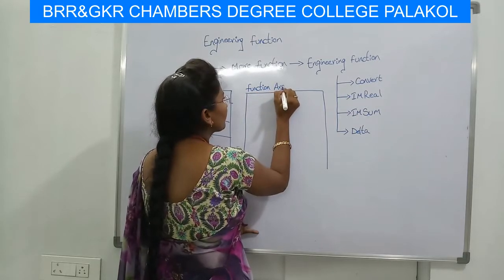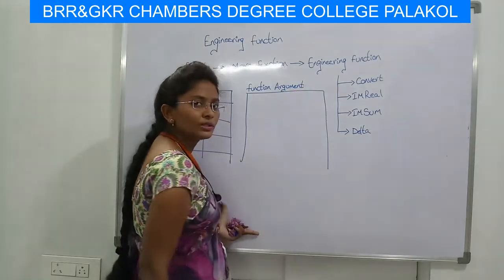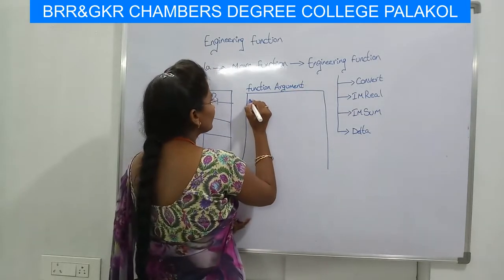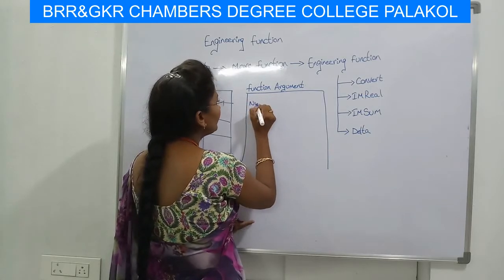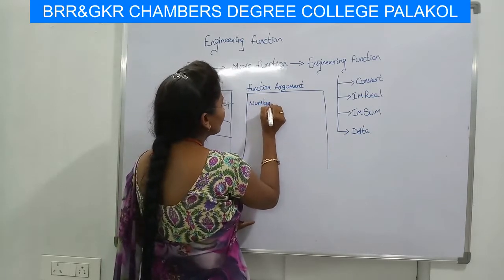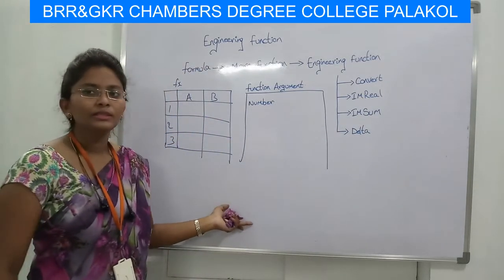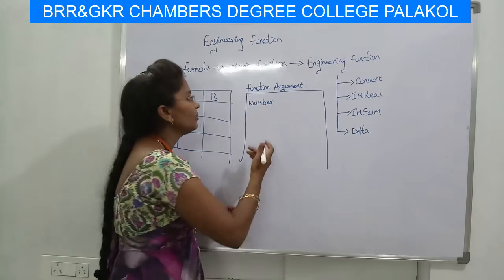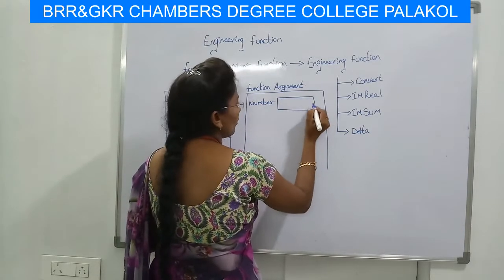In the Function Arguments dialog box, the first option is the number, where you have to enter the number. The number you are entering should be in this box.